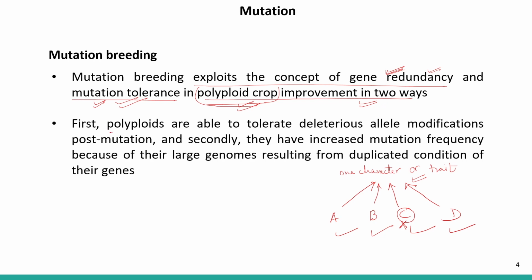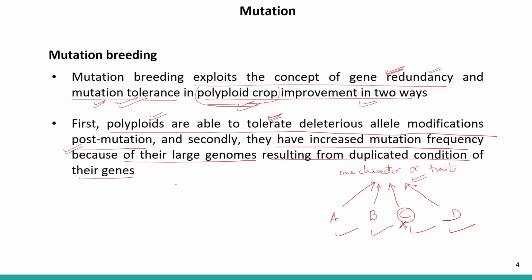First, polyploids are able to tolerate deleterious allele modification after mutation. Means after the mutation, these polyploids are able to tolerate the deleterious effects of some alleles which have the mutation and whose effect is very deleterious to the crop. Secondly, they have increased mutation frequency because of their large genomes resulting from the duplicated condition of their genes.